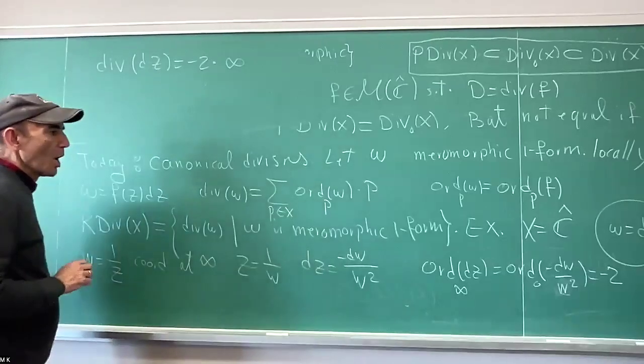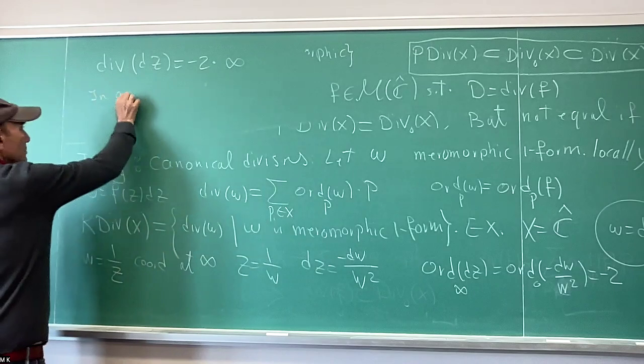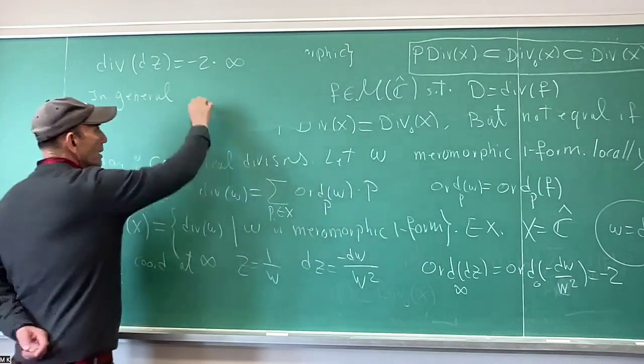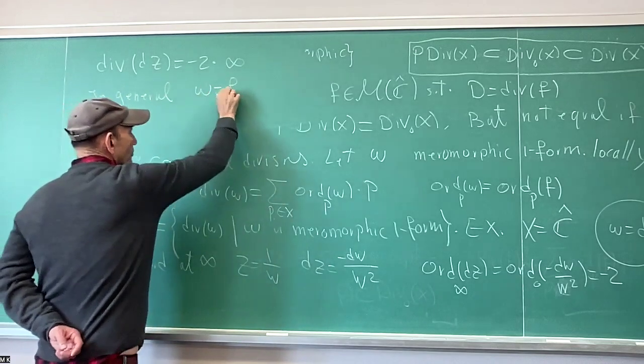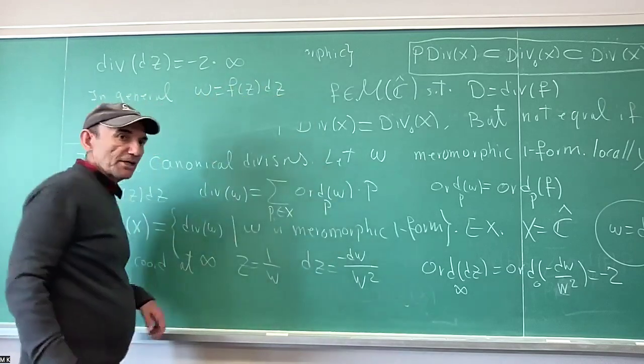Now, in general, of course, we can take omega equal to f of z dz, where f of z is a rational function.